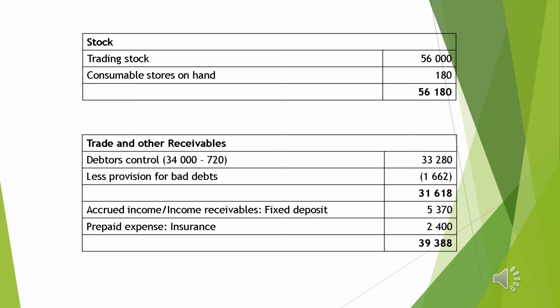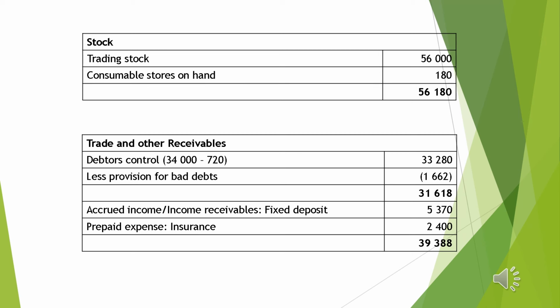You will remember that this particular trading stock amount is the amount that we got after doing what? After conducting the stock count. The stock count gave us a value of stock that we currently have on our premises, which is valued at 56,000 rand.